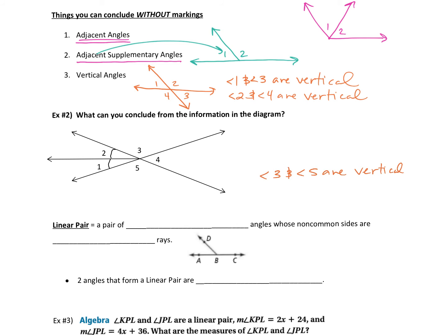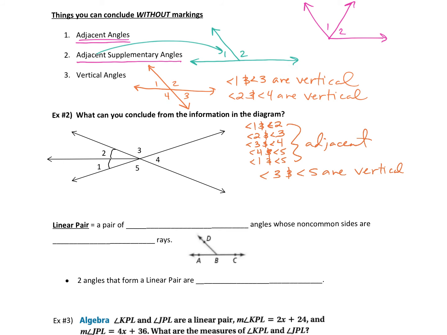There's also adjacent supplementary. So we can say angle 1 and angle 2, angle 2 and angle 3, angle 3 and angle 4. See the pattern? Angle 4 and angle 5, and angle 1 and angle 5. Those are all adjacent, right? But we also know adjacent supplementary.